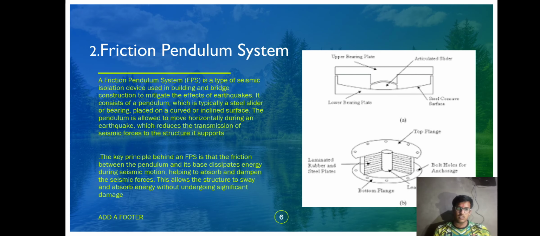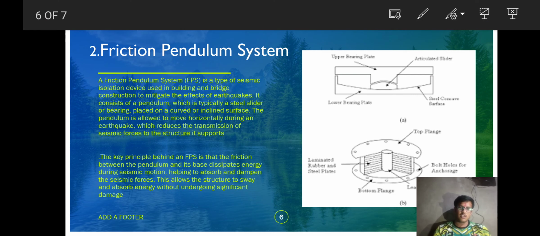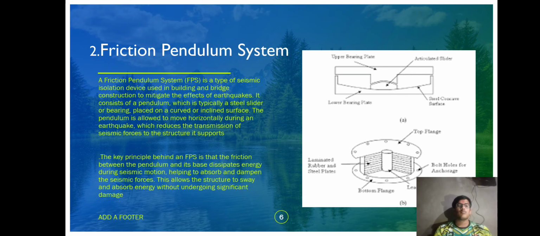Second, friction pendulum system. A friction pendulum system, FPS, is a type of seismic isolation device used in building and bridge construction to mitigate the effect of earthquakes. It consists of a pendulum, which is typically a steel slider or bearing placed on a curved or inclined surface. The pendulum is allowed to move horizontally during an earthquake, limiting the transmission of the seismic forces to the structure.